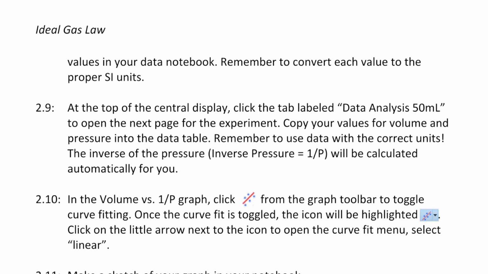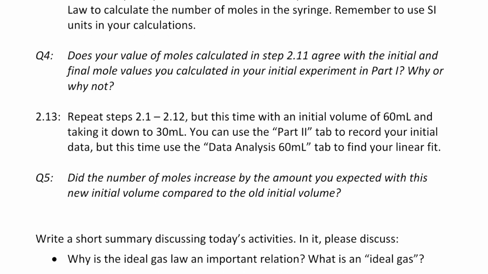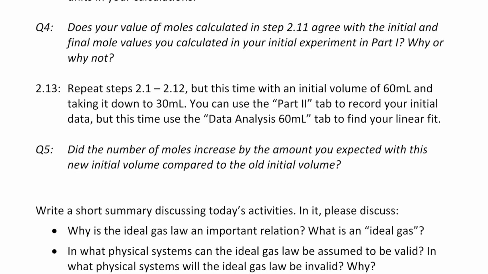You're going to end up graphing volume versus 1 over pressure. The lab walks you through most of it. Then you're going to repeat that experiment for an initial value of 60 milliliters down to 30 milliliters, again in 5 milliliter increments.